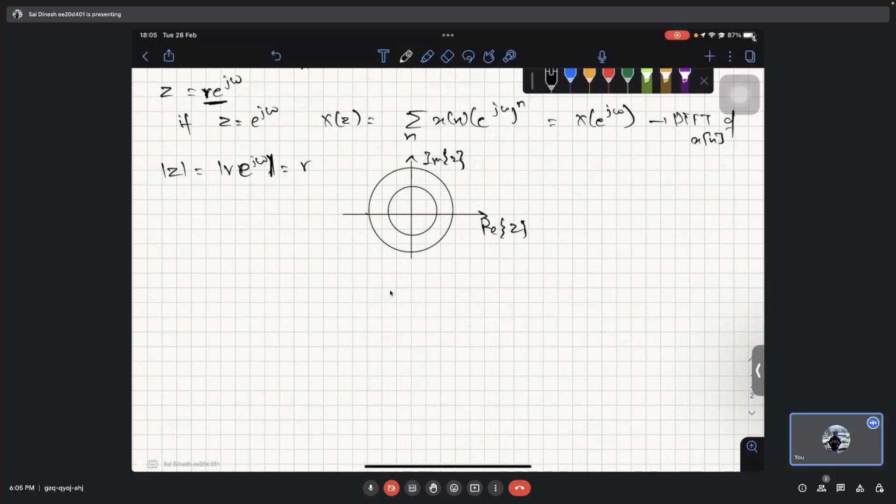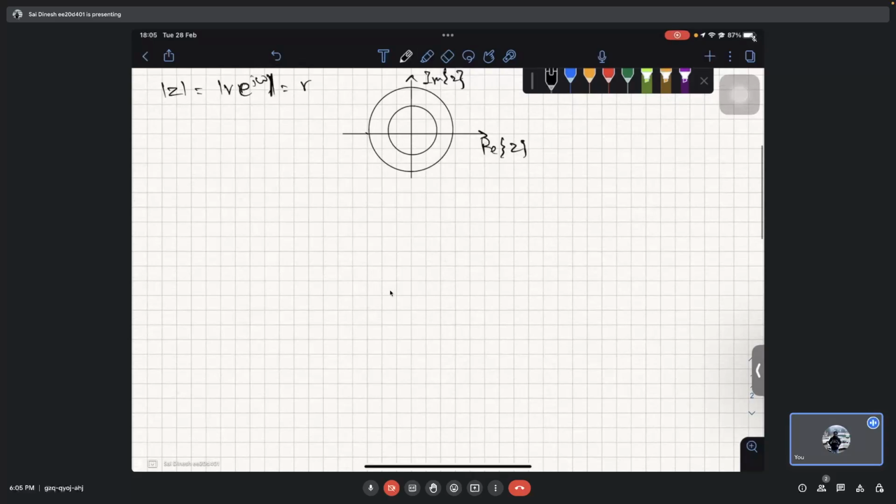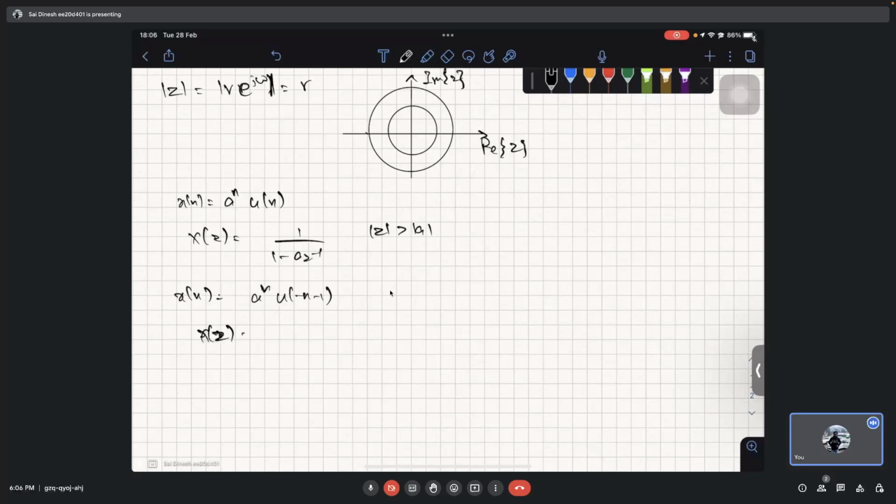These are the basic signals, and we have seen a few examples. If x of n is a to the power n times u of n, then X of z is 1 by 1 minus a z inverse, with mod z greater than mod a. And when x of n is minus a to the power n u of minus n minus 1, the same X of z results, but with mod z less than mod a.